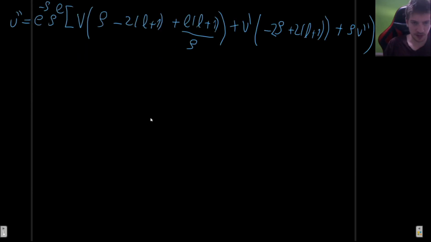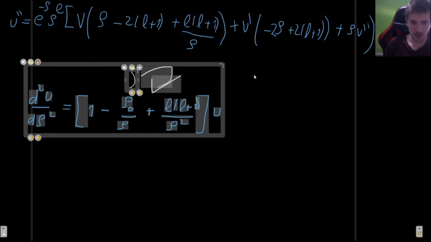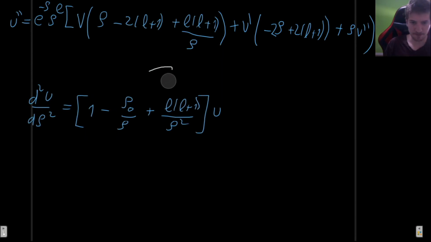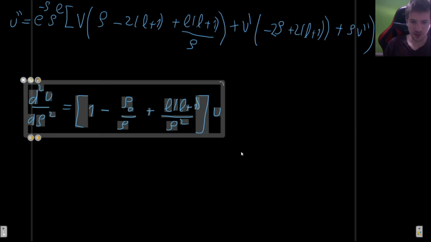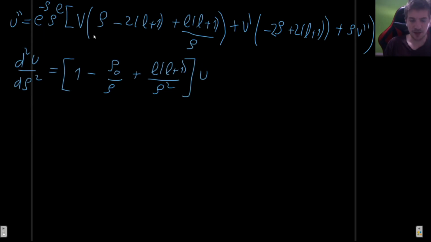Control C, Control V. I need to erase this now. So this was our differential equation. So now let us plug this second derivative into this right there. And also remember u, just to make sure, u here is now going to be e to the minus rho to the L plus 1 times v.